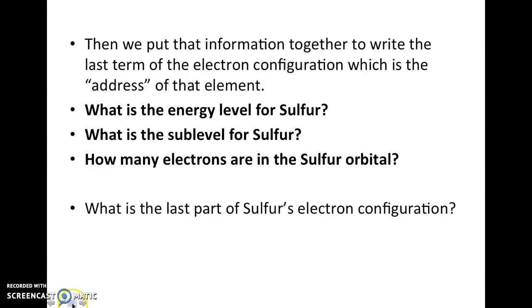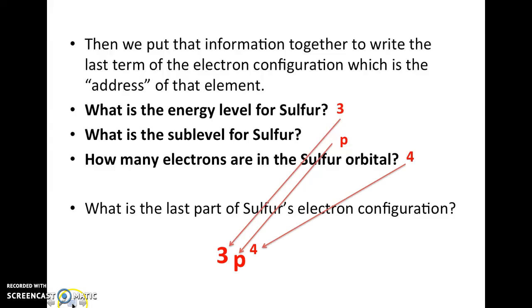What was the energy level for sulfur? It was 3. Sublevel was P, and how many electrons? It was 4. So when we put this together, what is the last part of sulfur's electron configuration? The last term will be 3p4.